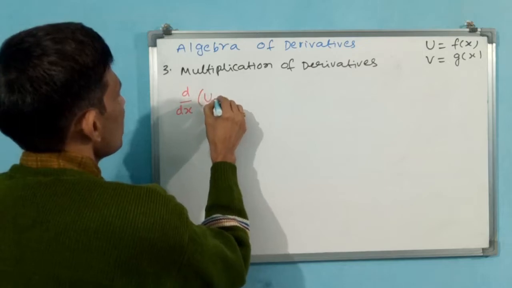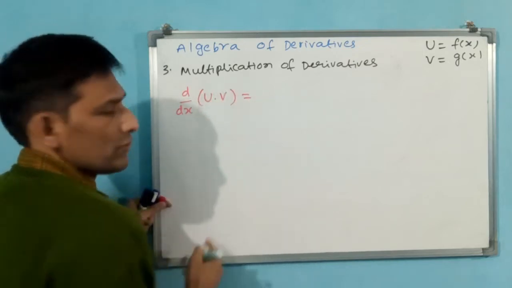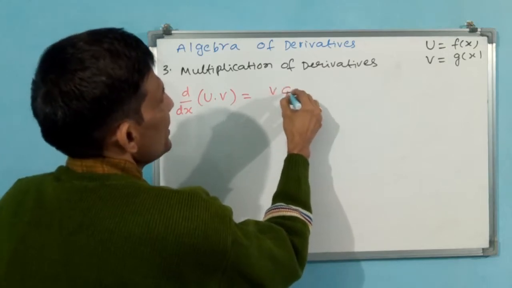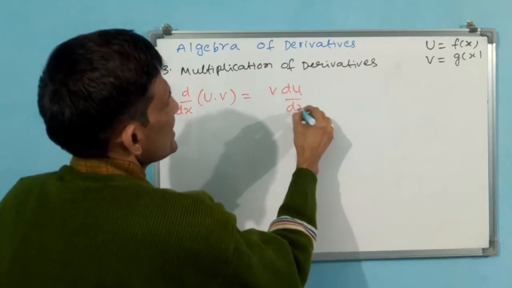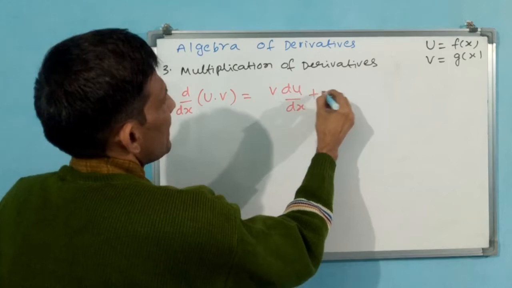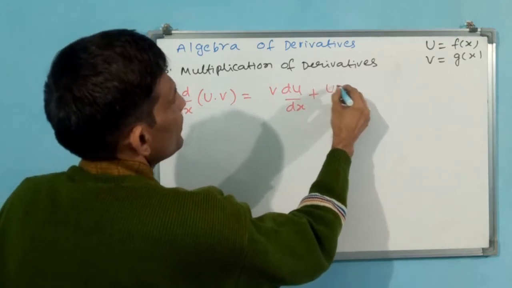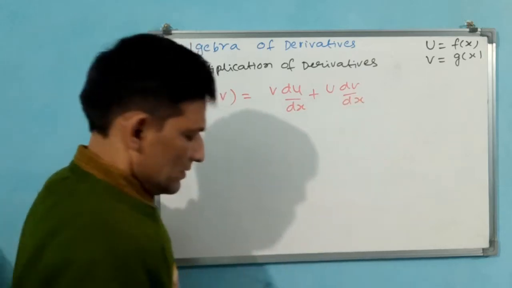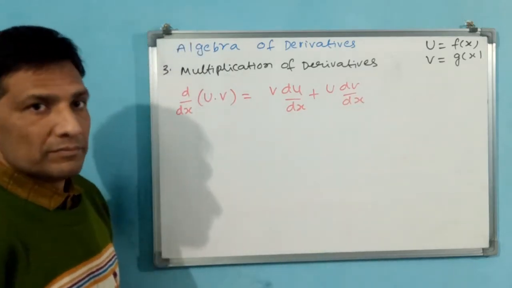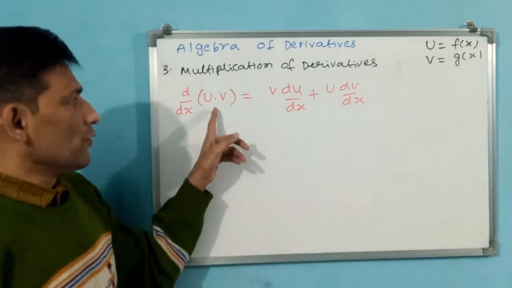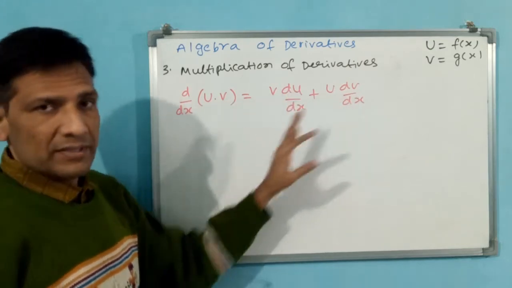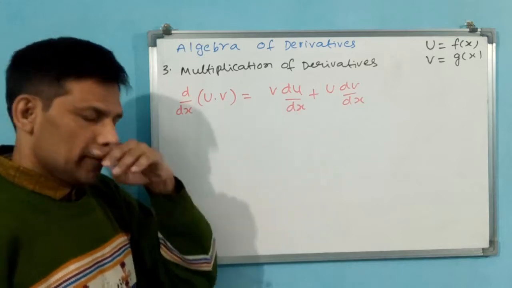D by dx of u into v is equal to v du by dx plus u dv by dx. Okay. Like u dv by dx plus v du by dx, like that also you can write. You can write it vice versa.